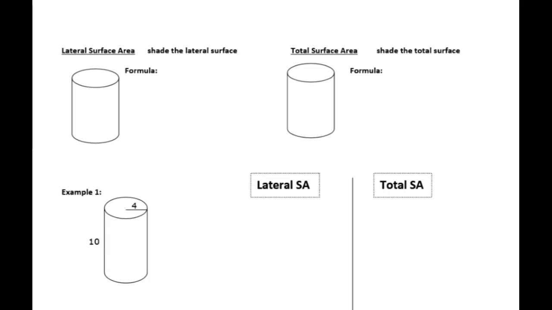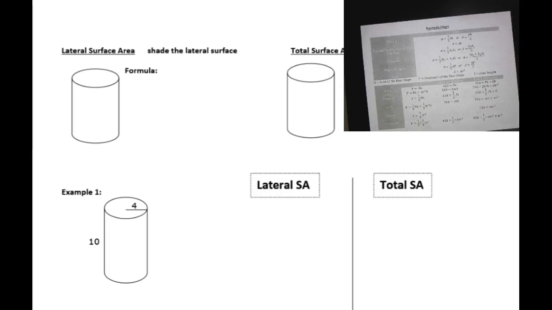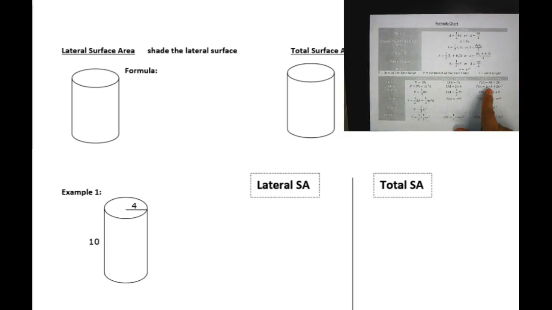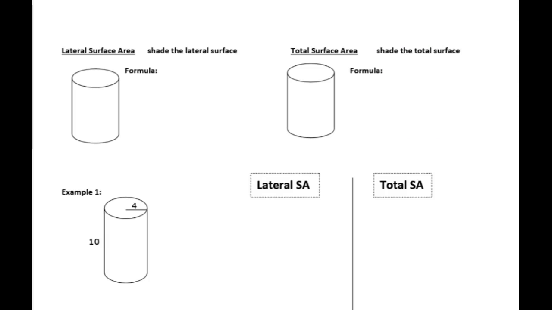Now you tell me the lateral surface area of a cylinder. So one below the cylinder, one below a prism, we got 2 pi RH, and then for total surface area, 2 pi RH plus 2 pi r squared. Okay? Let's write these down. And then we'll do total as well.